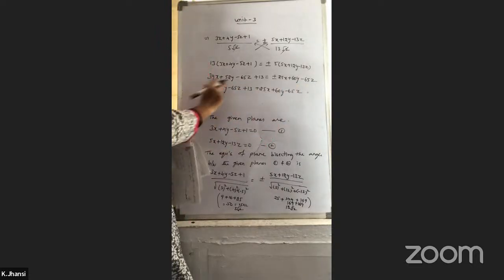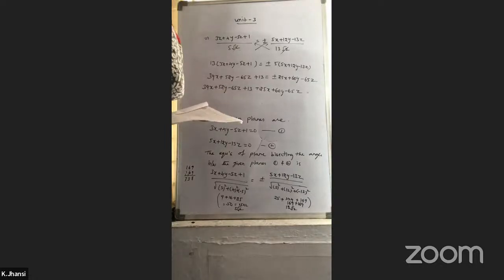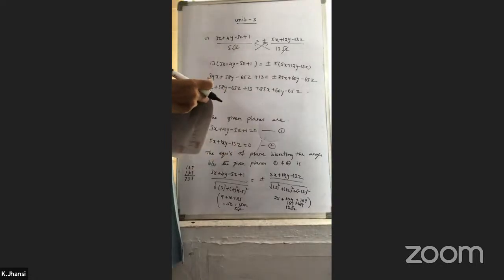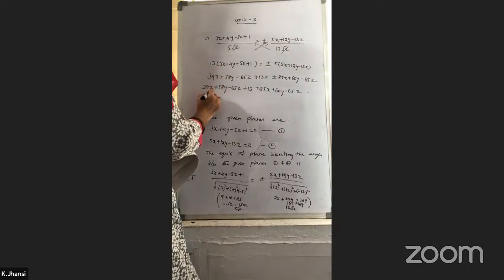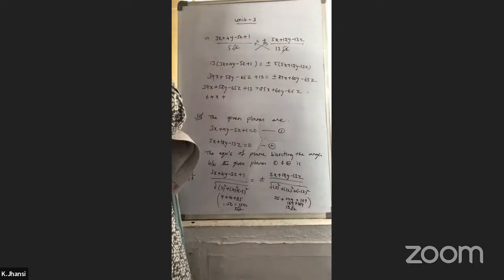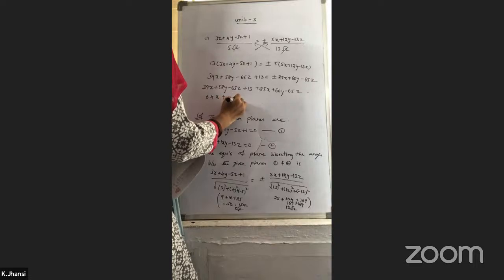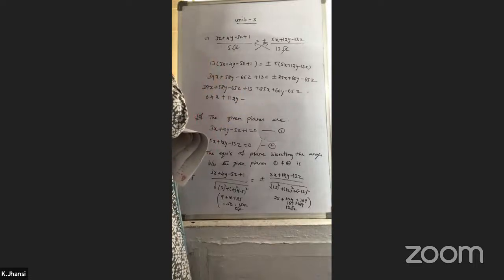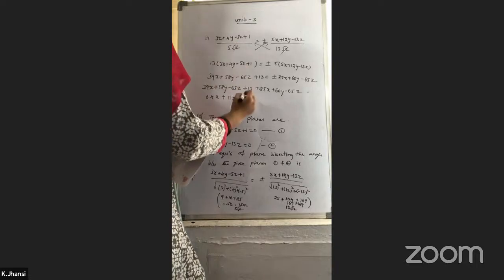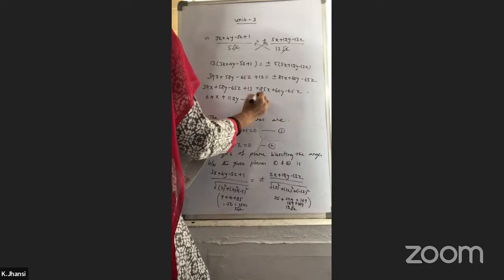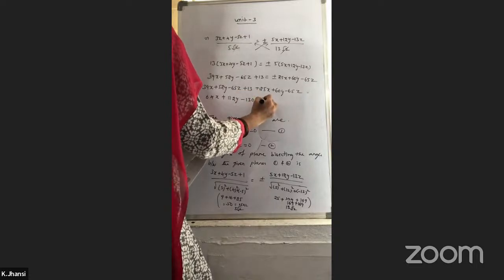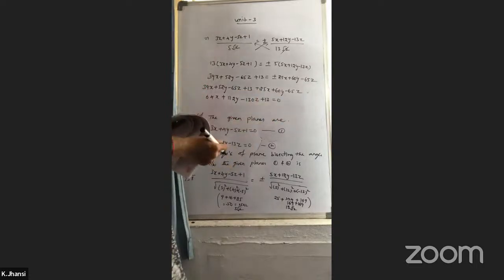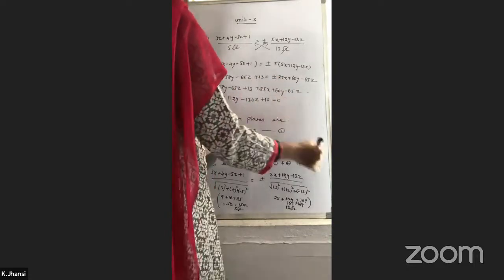So 39 plus 25 means how much we'll get? 64x plus 52, 60, 112y minus 65z minus 65z, so it is minus 130z. Here only one constant term is there, plus 13 equals 0. Okay, this is 2 equations completed.